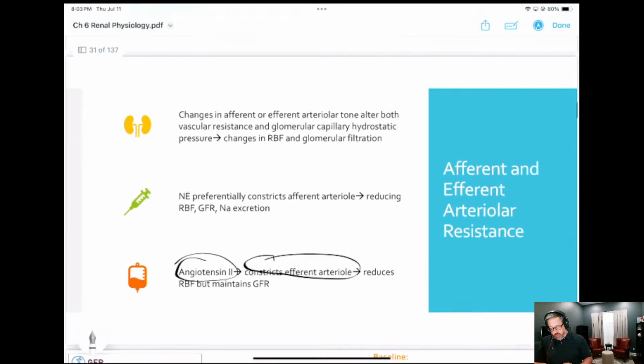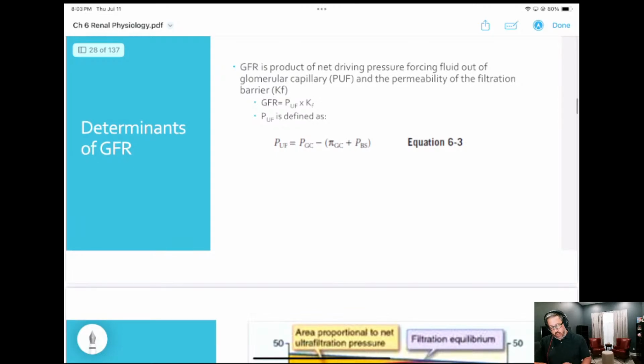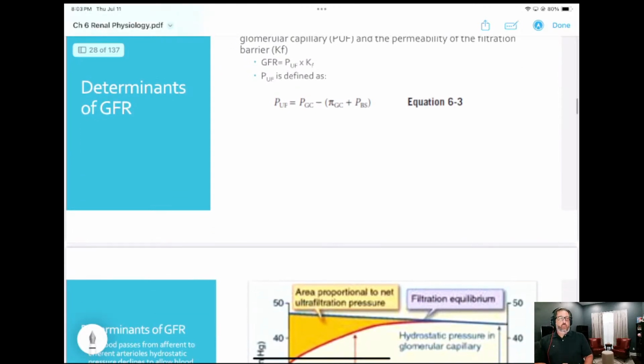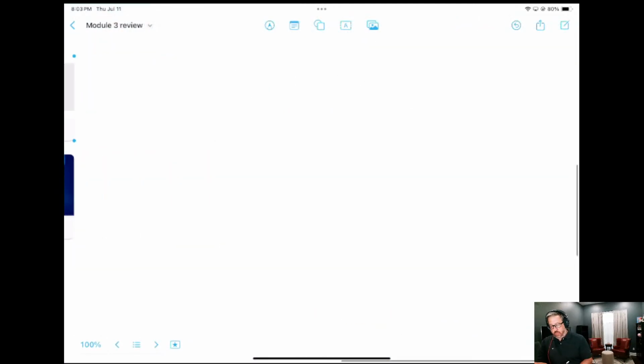Determinants of GFR. Okay, so when we talk about GFR, everyone gets confused on these factors that favor filtration. When we're talking about forces like Starling forces, we have oncotic pressure and we have hydrostatic pressure.